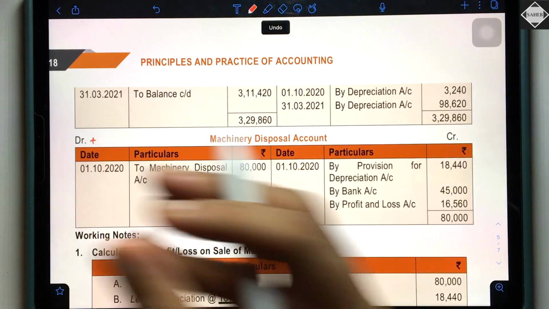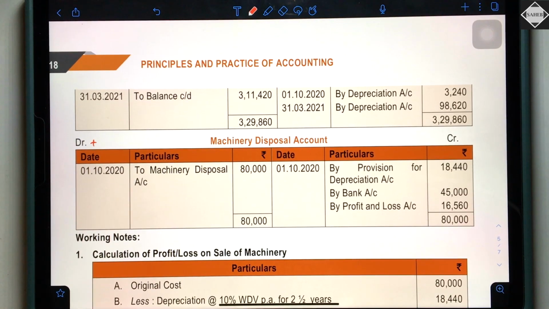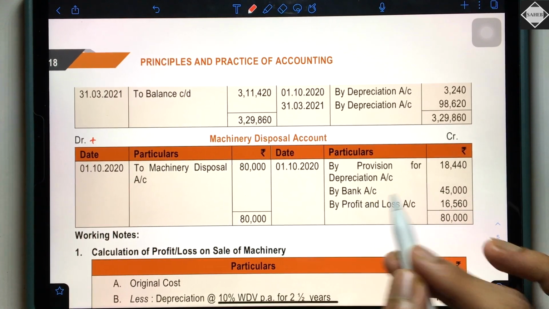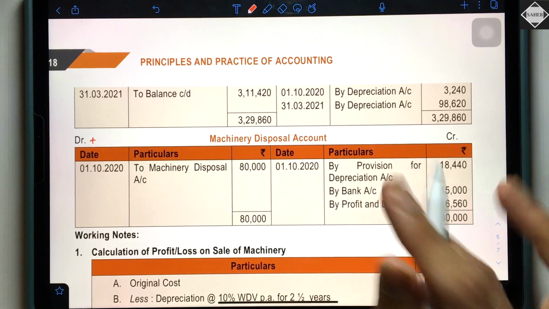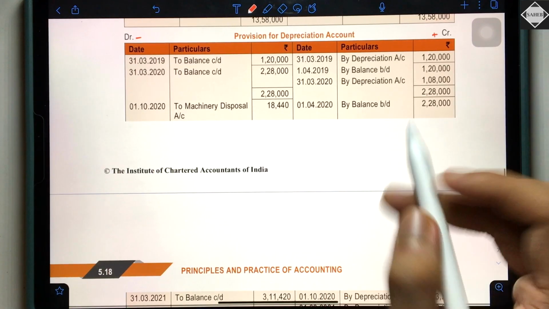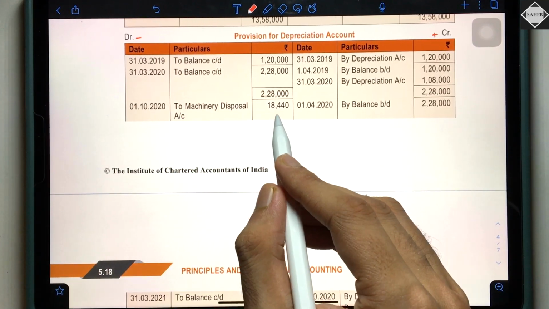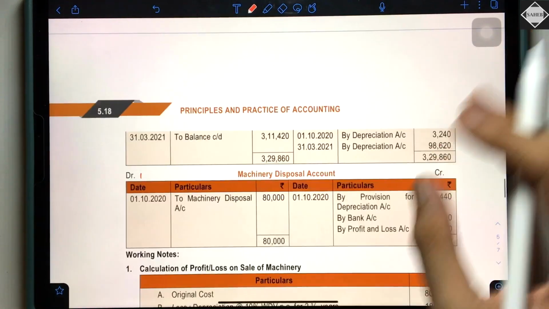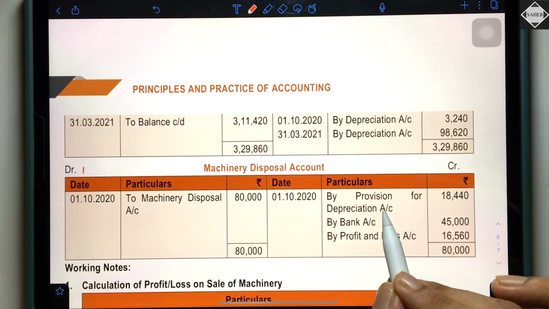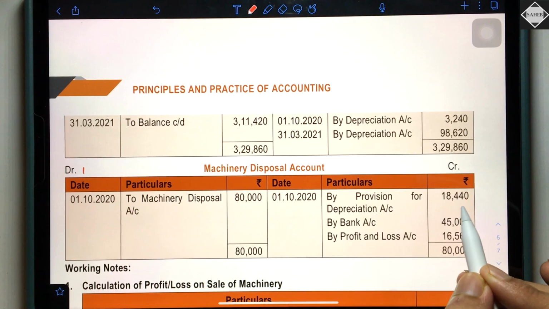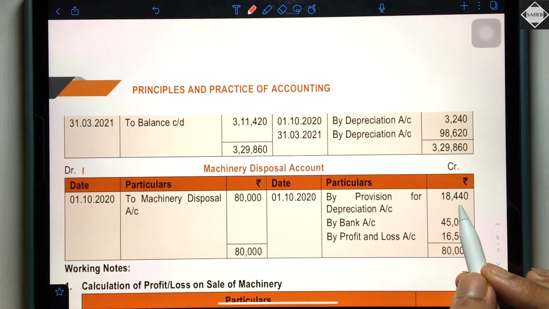The asset has come on the debit side, and then you will sell off the asset, but before that you have to take the depreciation, the accumulated depreciation. See, you have done now machinery disposal 18,440. So cross posting of that on the opposite side by provision for depreciation, or you can say by accumulated depreciation 18,440, isn't it? Yes.